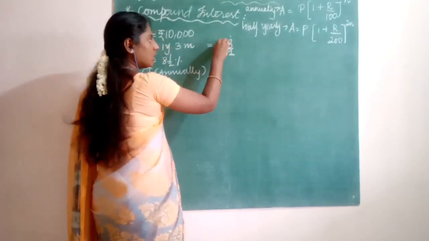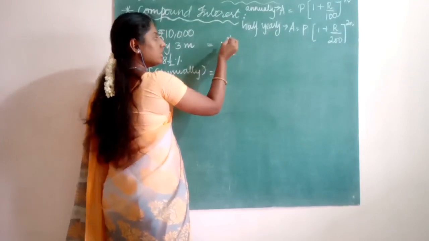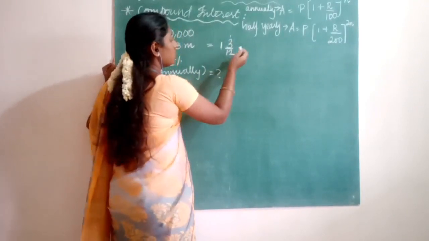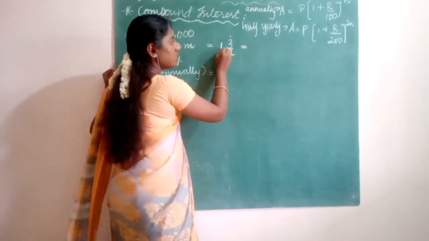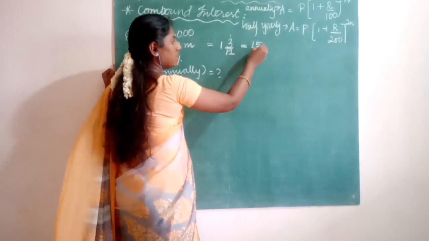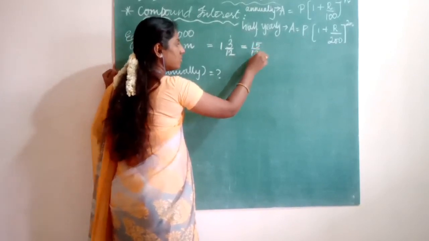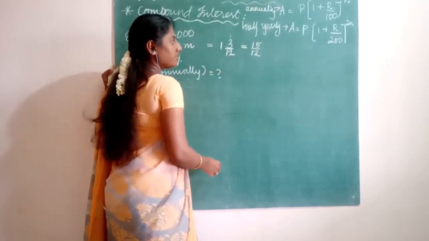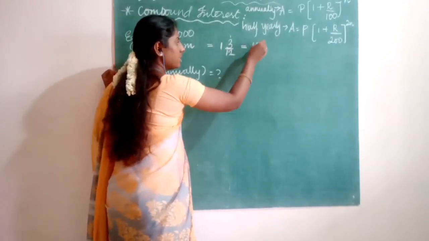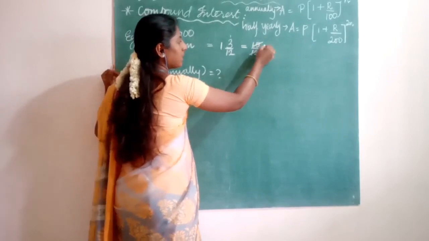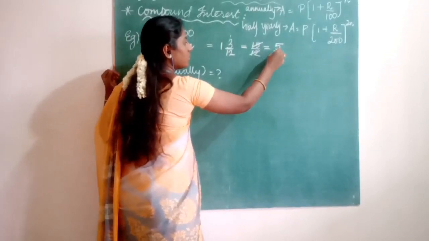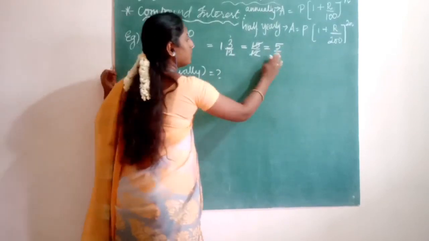Yes or no? 1 whole year and 3 months out of 12 months extra to that. So you can write this as 12 ones are 12, 12 plus 3, 15 divided by 12, or you can cancel and write in the 3 table, 5 by 4.